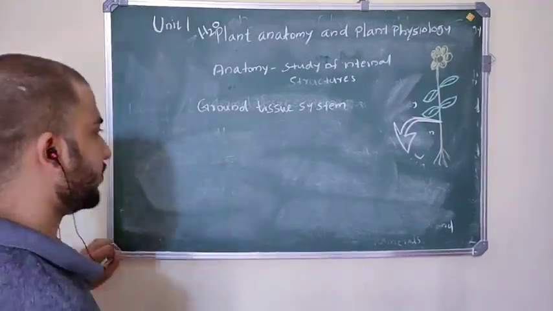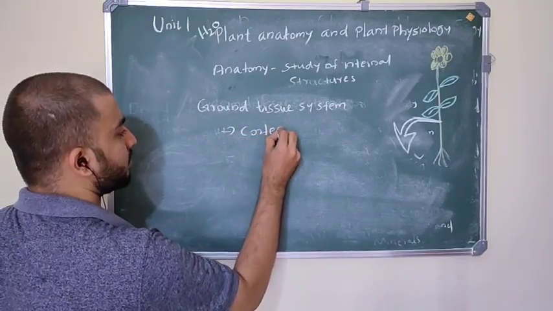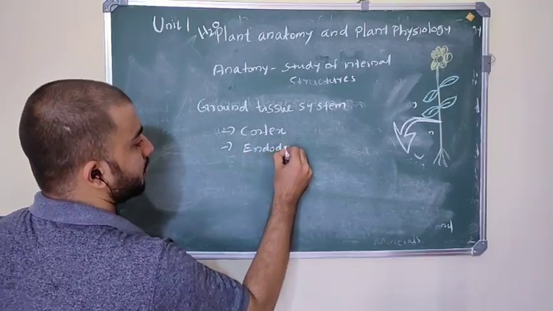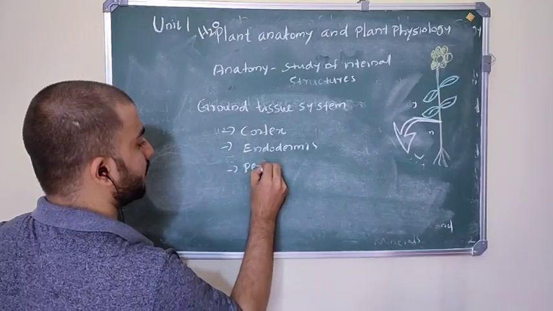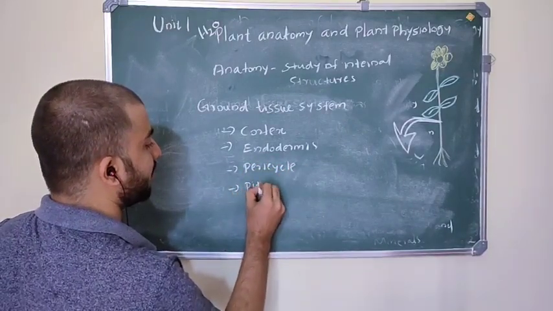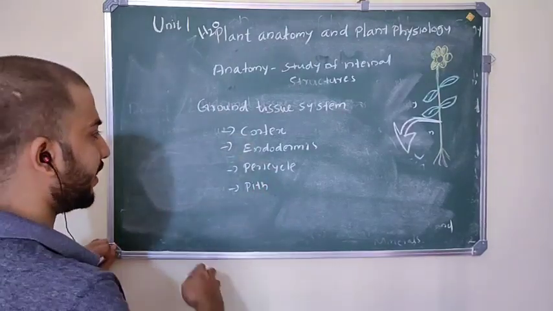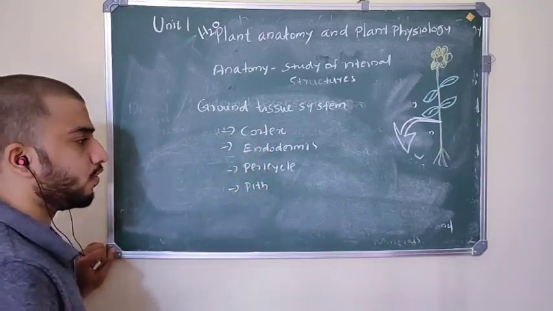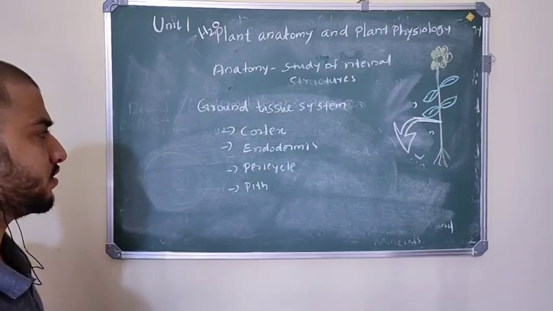The ground tissue system contains cortex, endodermis, pericycle and pits. These are the components of the ground tissue system. Okay, and we will study in great detail in coming classes what cortex, pericycle, endodermis and pit are. Don't worry.